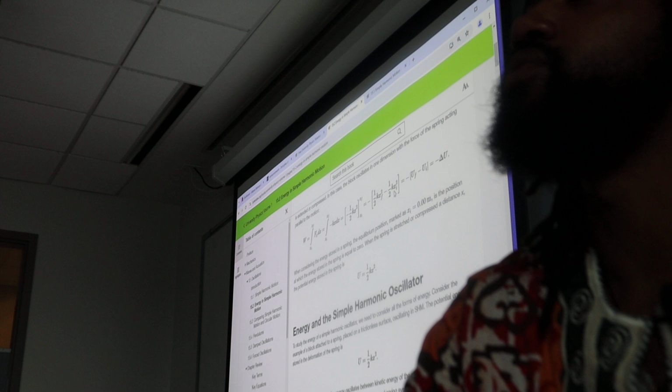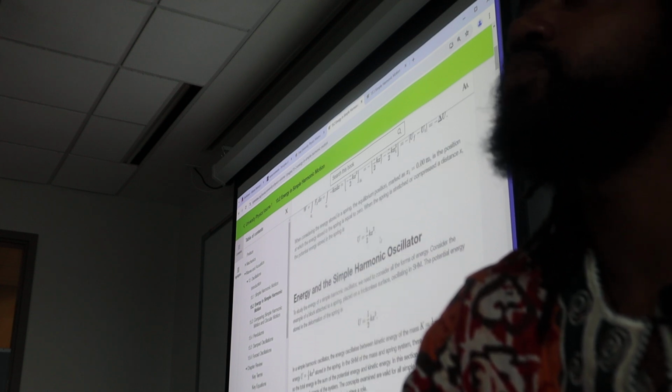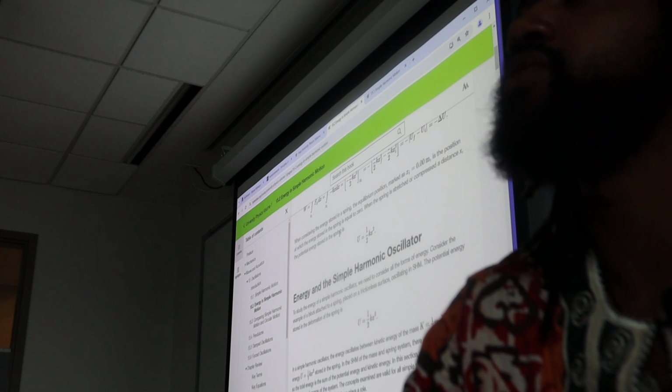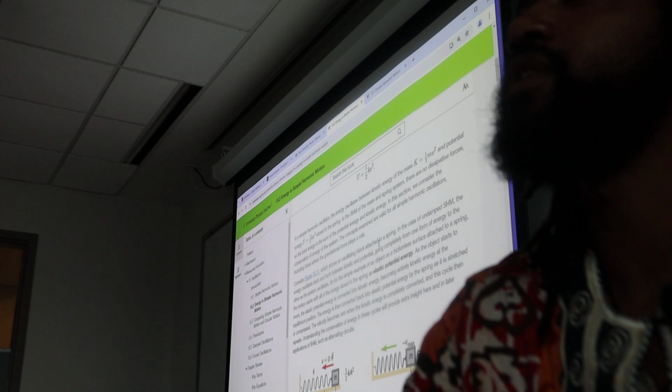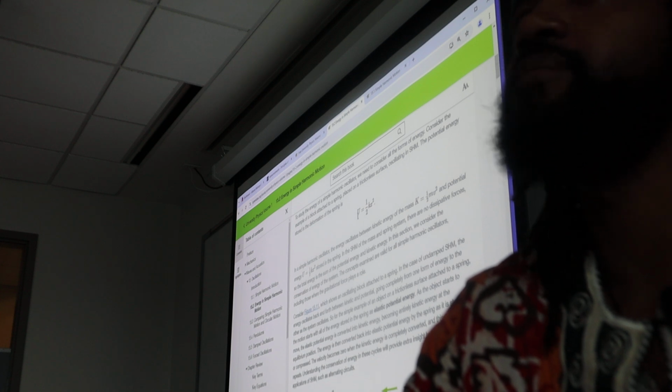So if you use 1/2 kx initial squared, and then you have the final 1/2 kx final squared, that's what that's breaking into. Potential energy is 1/2 kx squared. So that's the big thing. It's very similar between kinetic energy and potential energy.